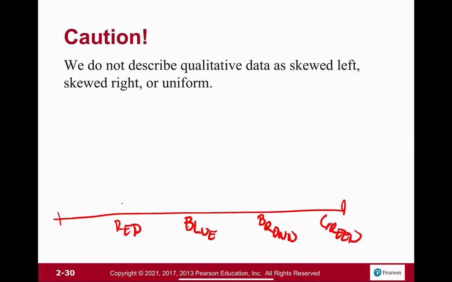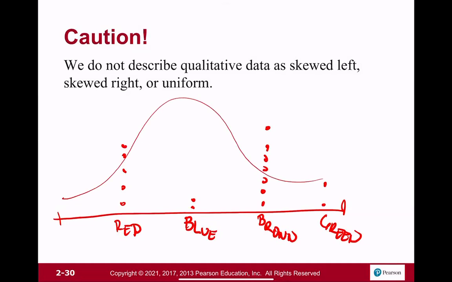Remember we're looking at data here. Majority of the time there's going to be more brown M&Ms. The order in which we put these in does not matter. So we can't switch red and blue and say that we have a bell-shaped curve. We can't do that, so it's not going to be realistic for us to say that.